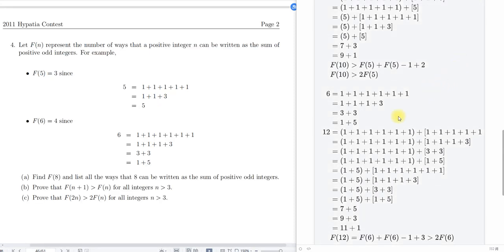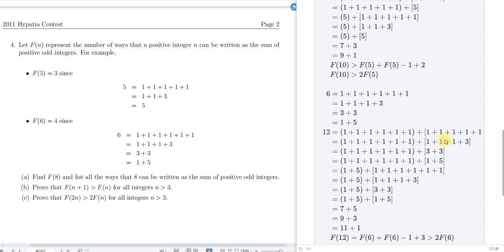So 12 equals the 6 ones plus every possible sum of 6.